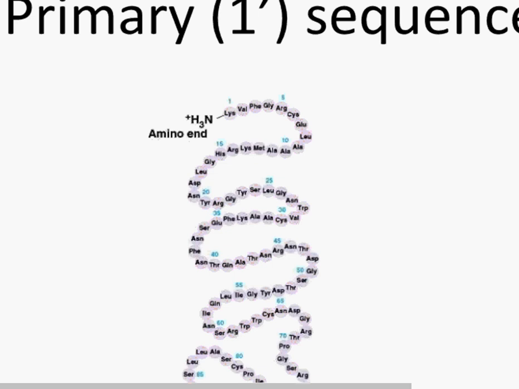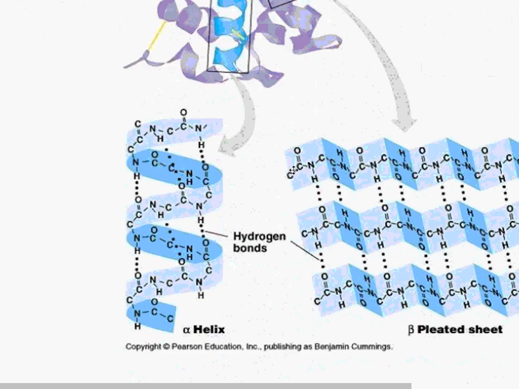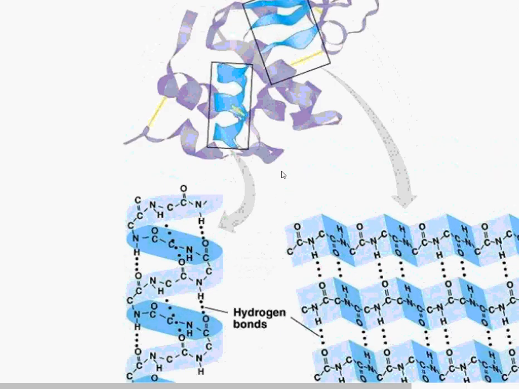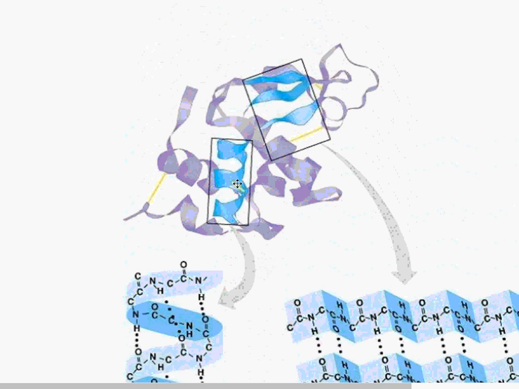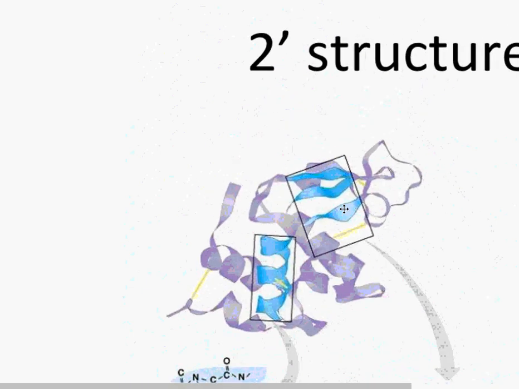Now the secondary sequence is a little bit different. And so this is where those chains begin to bind together. And so this can happen in one of two ways. Because of the chemical nature of those long chains, they are attracted to each other.